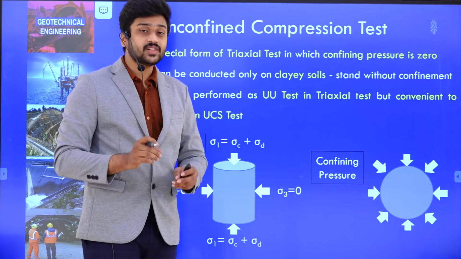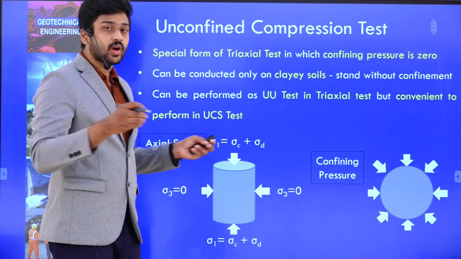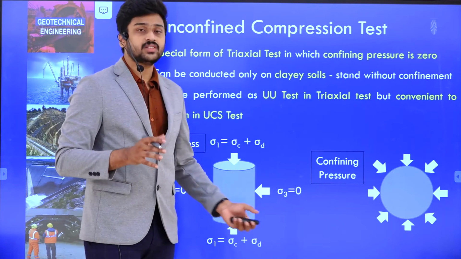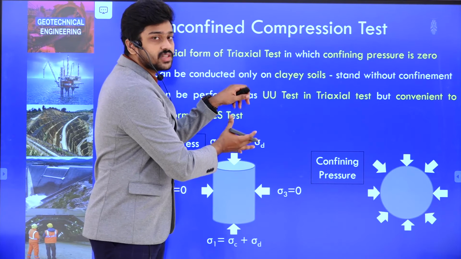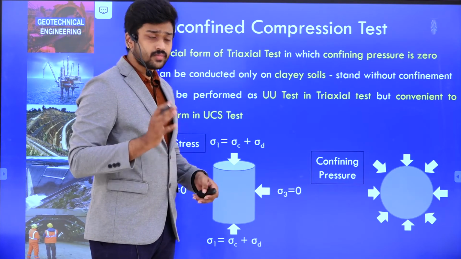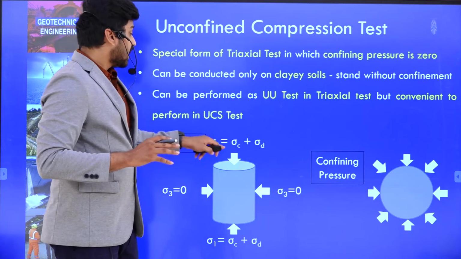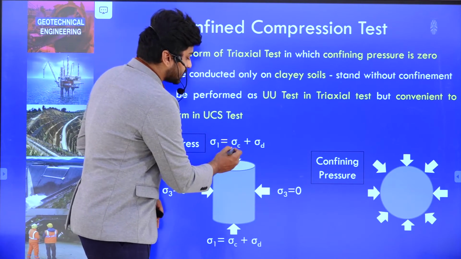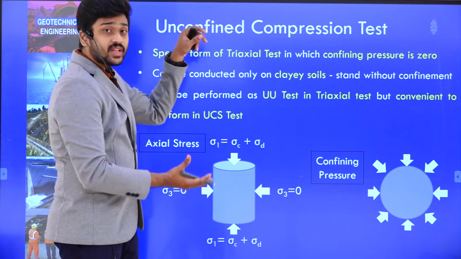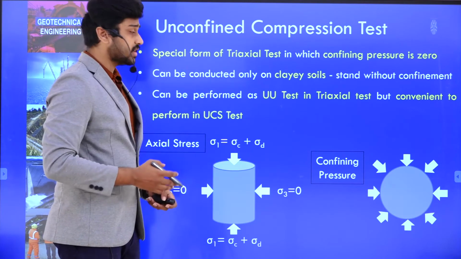But in this test we are not allowing that. That means we are not permitting any water or any external thing. That means sigma 3 is 0. Simply the specimen is placed in the testing apparatus. Clear? So only the deviator stress is loaded. That means only the axial load that is applied will be accounted.